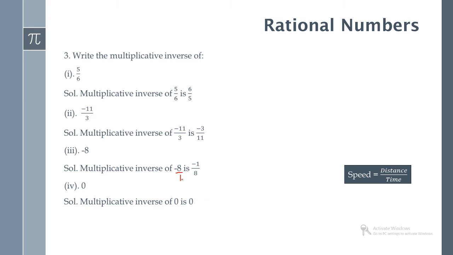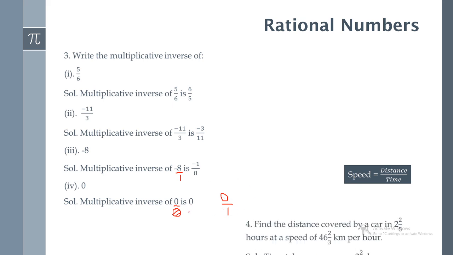So minus 8 by 1 is minus 1 by 8. For 0, the multiplicative inverse of 0 is 0 only, because 0 by 1 is 1 by 0, which is nothing but 0 only.